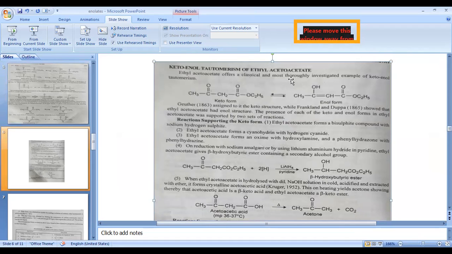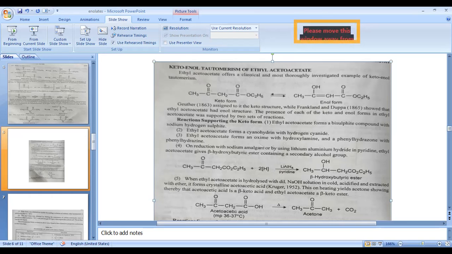Now keto-enol tautomerism in case of ethyl acetoacetate. How does keto-enol tautomerism exist in case of ethyl acetoacetate or acetoacetic ester?